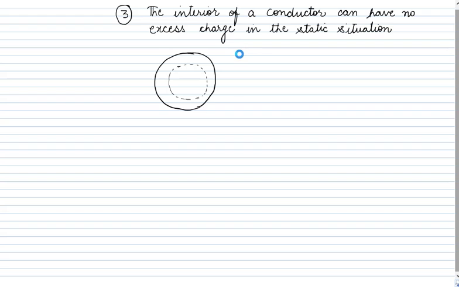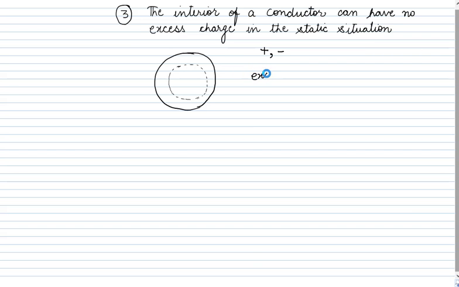If the conductor is neutral, neutral means it has equal numbers of positive and negative charges. And if we charge this conductor, then we call it a charged conductor, and all the excess charge which is added can reside only at the surface.